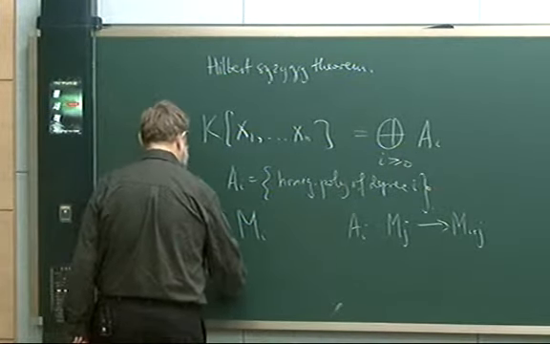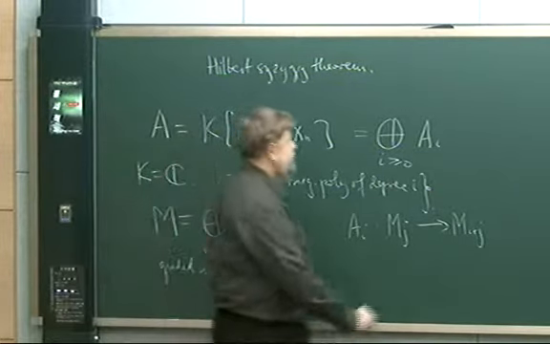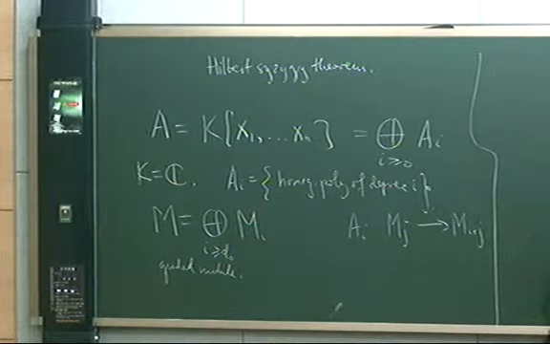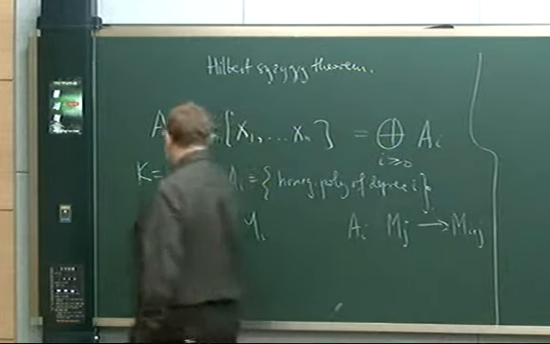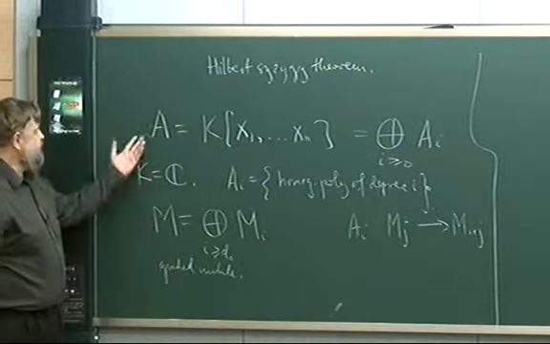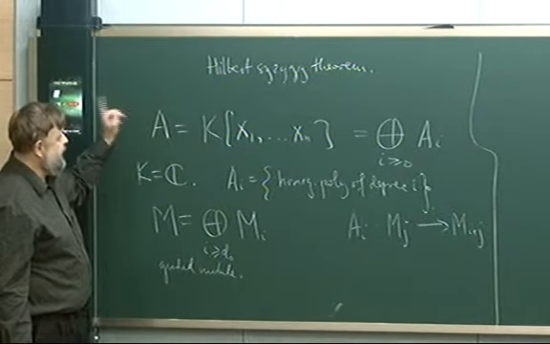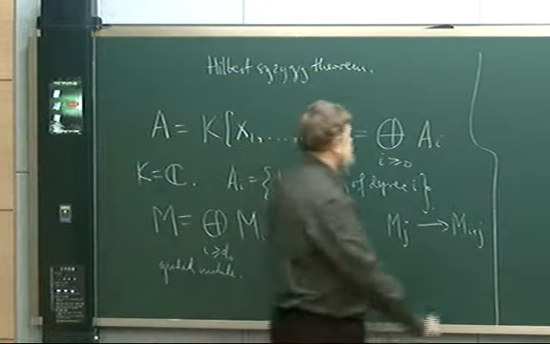And already Hilbert, in this situation, in his great paper in, I think, 1890, considered how far such a module is from a free module. A free module would be a direct sum of copies of A, but there's one caveat here.